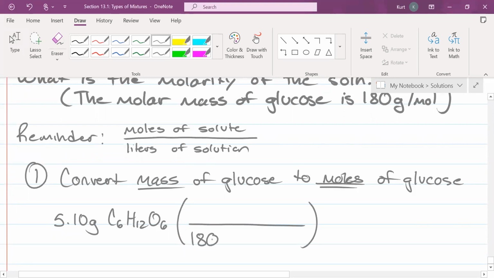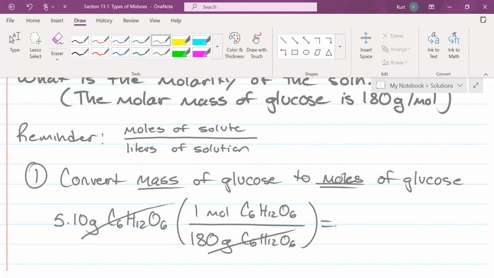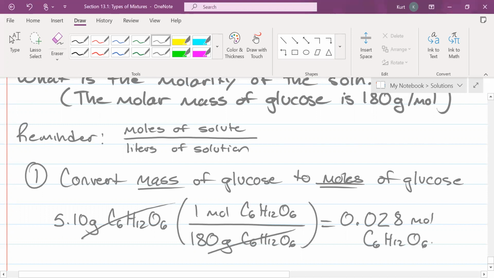You'll put 180 grams of glucose on the bottom, 1 mole of glucose on top. This should equal 0.028 moles of C6H12O6. Okay, you now have moles of glucose.